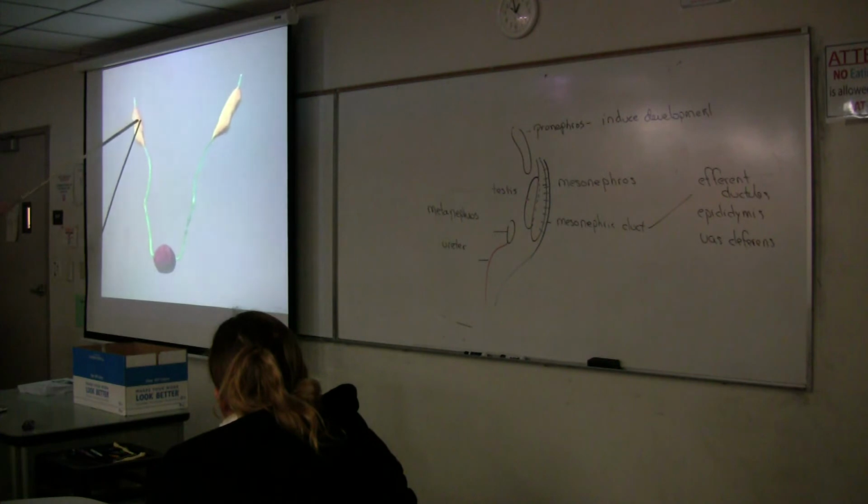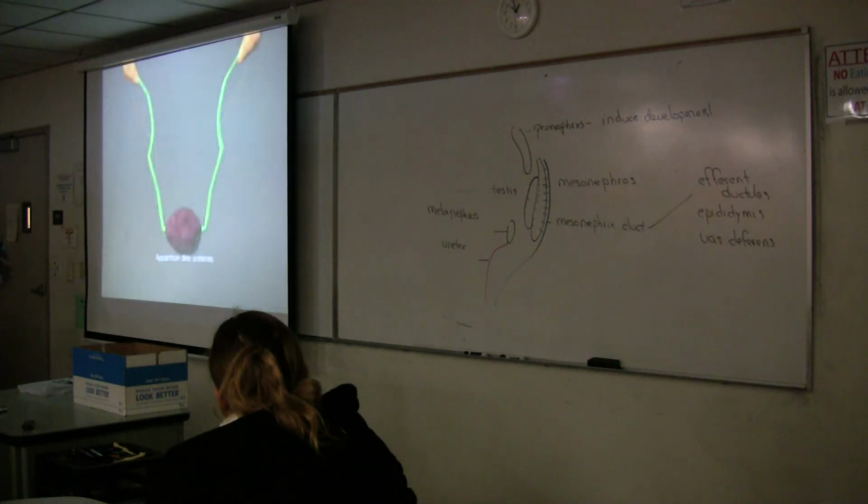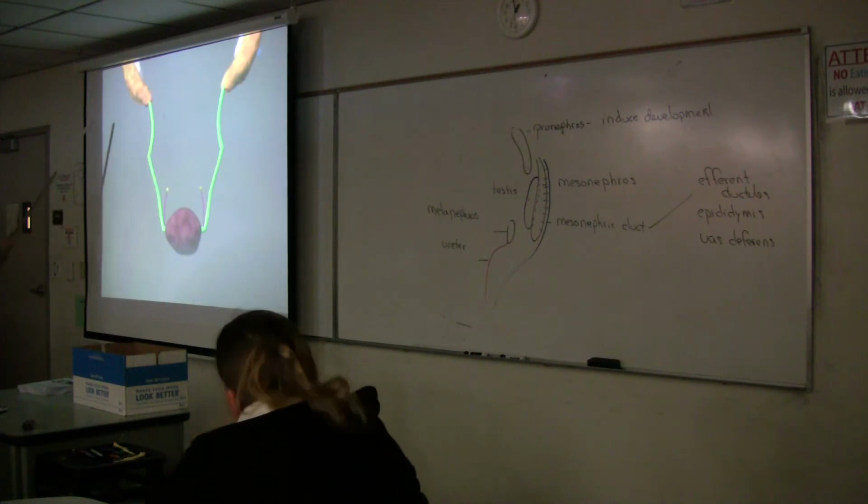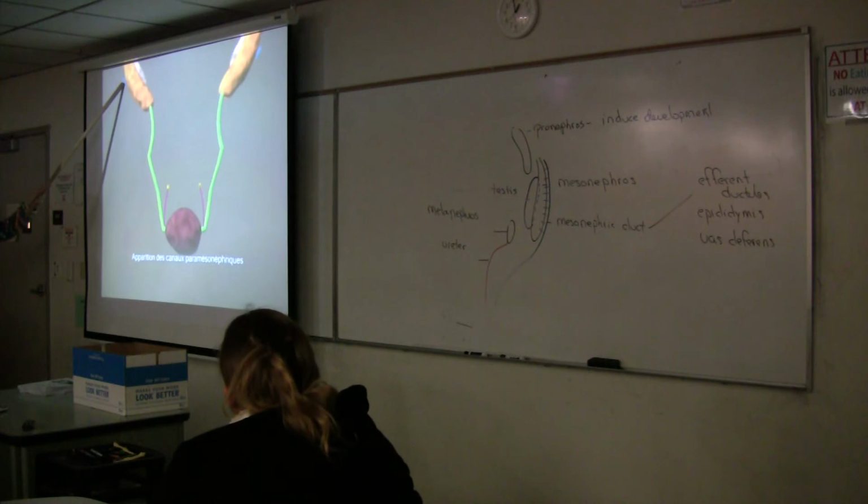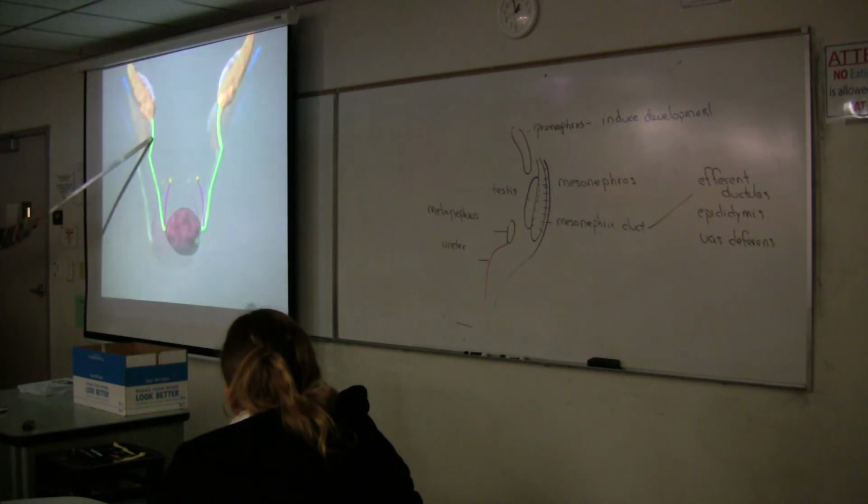The gonad will appear, but now it's going to be the developing ovary, up here. And this structure right here is going to form the oviduct, the uterus, and the top part of the vagina as all of this disappears.